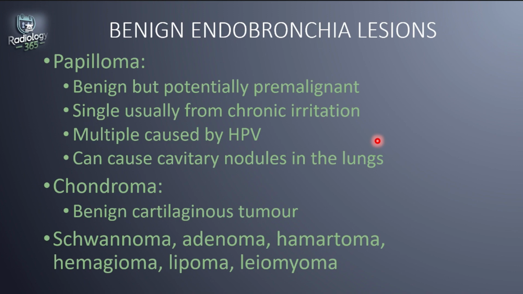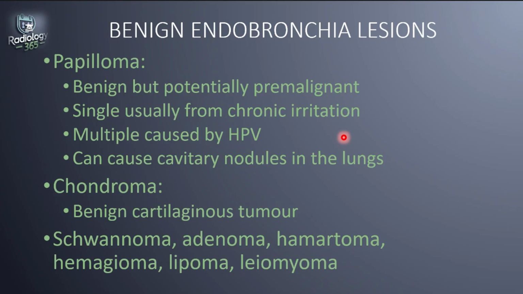The distribution is usually centered in the larynx, with tracheobronchial involvement in 1 to 5% of cases. Papillomas may also spread to the lungs, and when they do, they will form multiple cavitary nodules with dependent distribution.